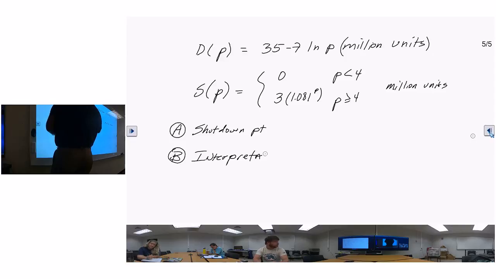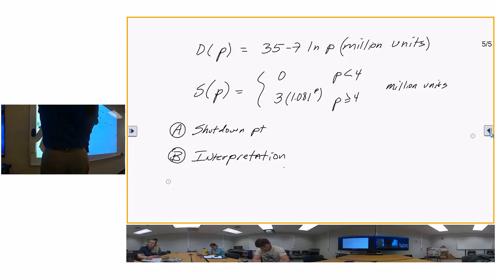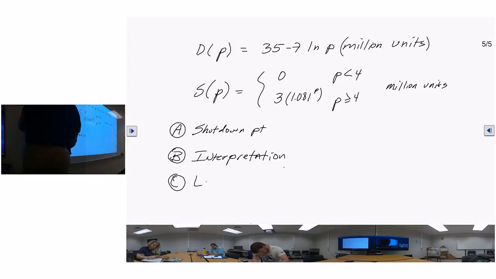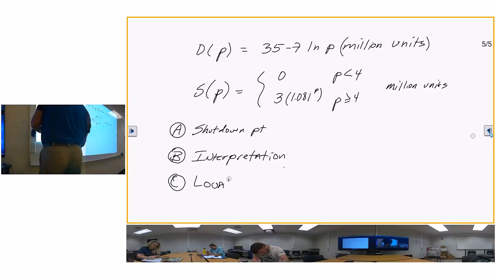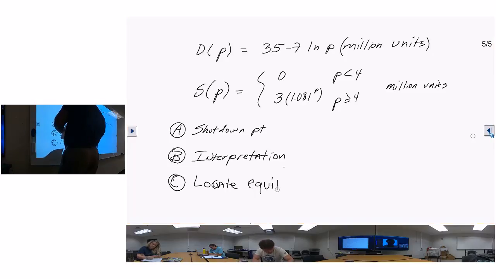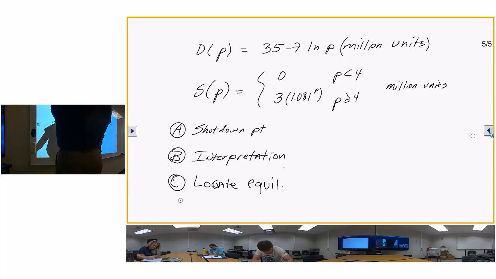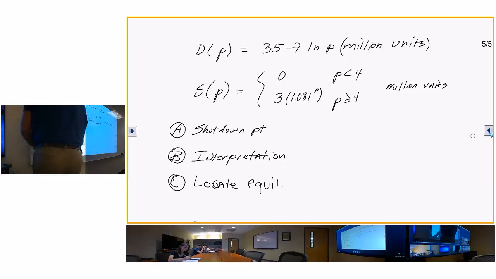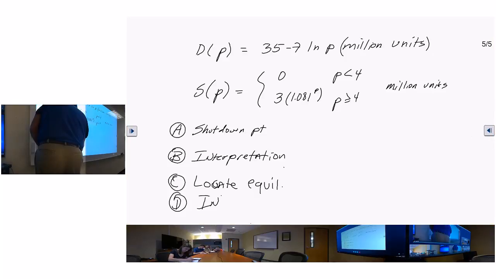C: locate the point of market equilibrium and write a sentence of interpretation there.